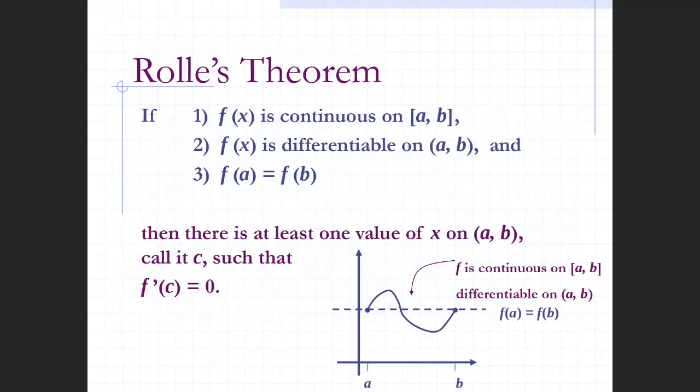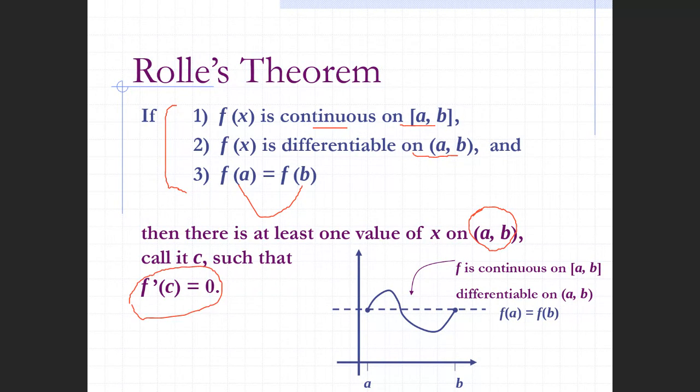What Rolle's theorem is saying is that if f of x is continuous on the closed interval, and f is differentiable on the open interval, we are taking the open interval here because at the end points the function may not be differentiable, and A and B are the points which are at the same height, so f of A is equal to f of B, then if these three conditions are satisfied, there is at least one value of x on the open interval AB, between these 2 points, there is at least one point, call it C, such that the derivative at that point will be equal to 0.